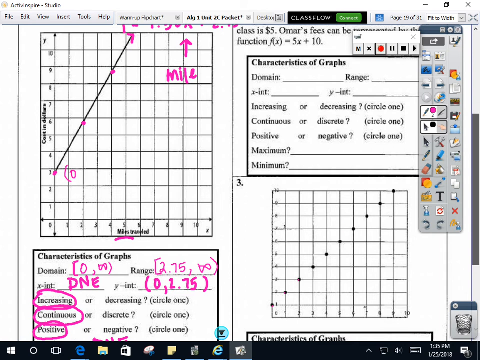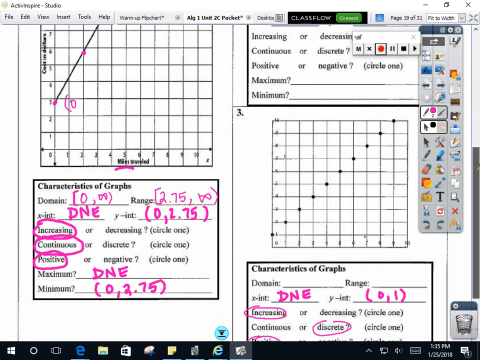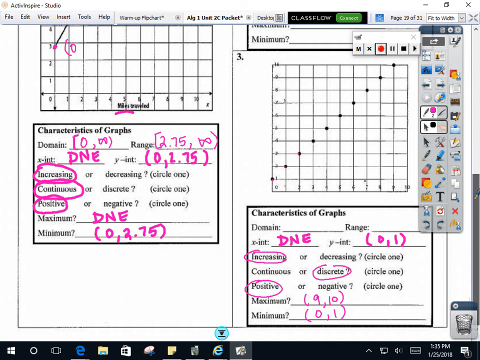Okay, now, for the graph in 3, it's a little bit different because it's not continuous. The furthest left point is here, correct? And what is the x value of that point? 0. But you cannot just simply put comma 9 because that would insinuate that there's data all the way between 0 and 9 and there's not.